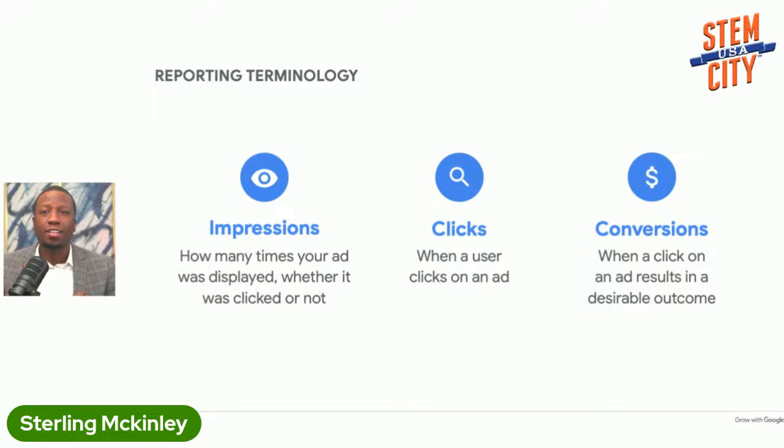When a click results in a desirable outcome, that could be making a sale, that could be downloading a PDF, that could be calling your business, that could be visiting a certain page. It can be any of those things. So when you think about conversion, it's not only about sales. You want a desirable outcome, so a step, an indicator that your customer wants to learn more about your product or your service.